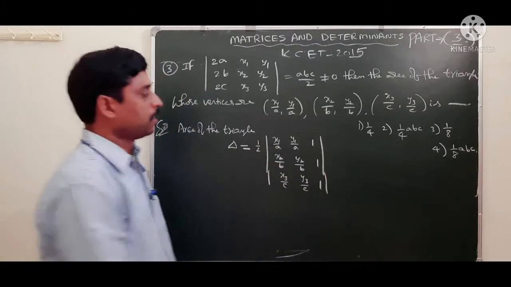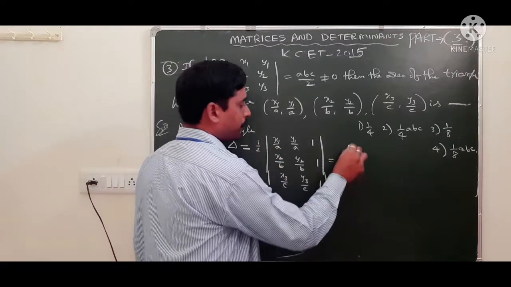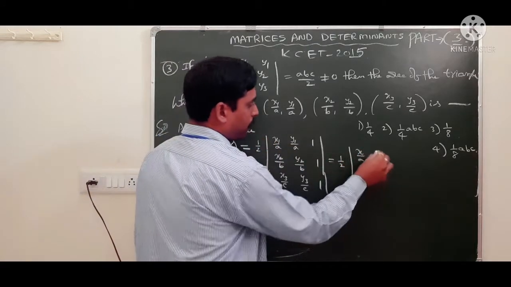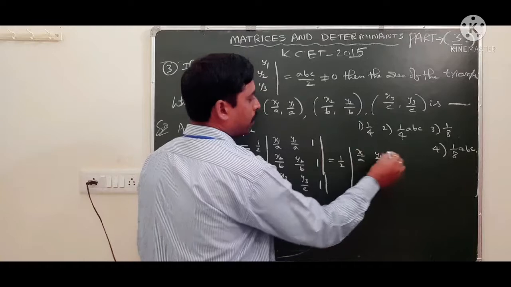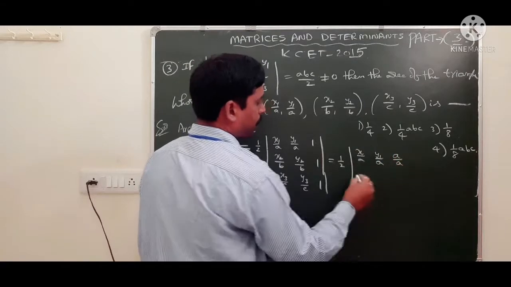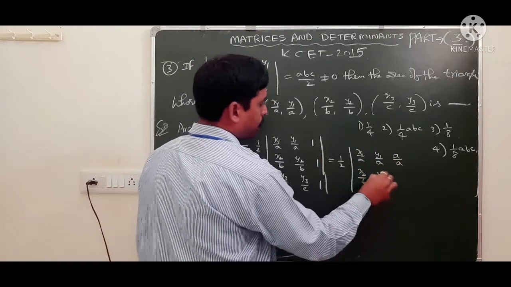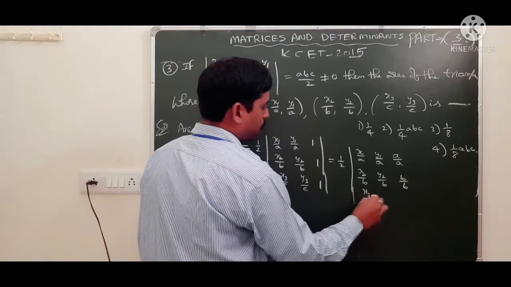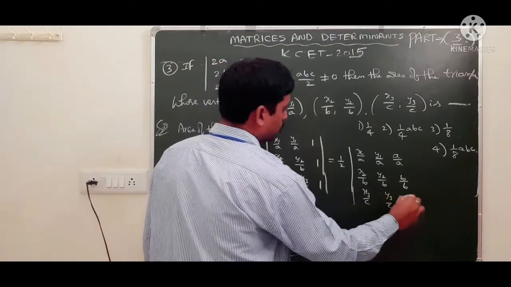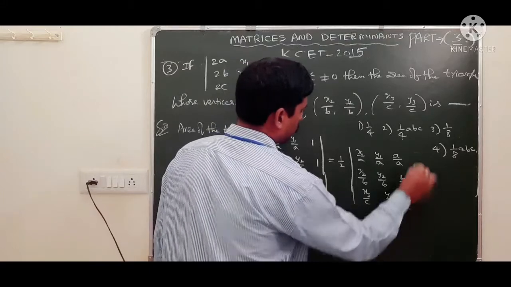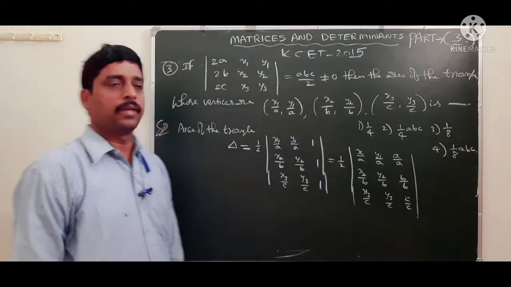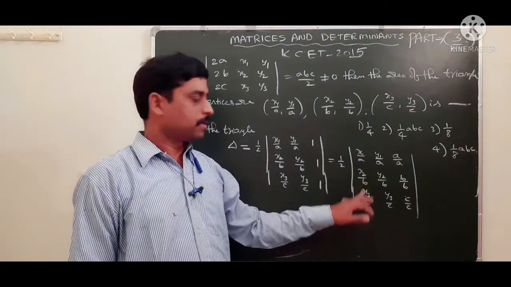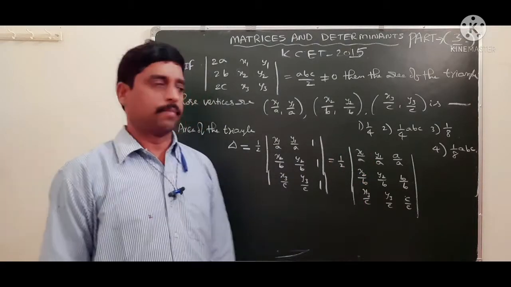Is it clear? This will be 1 by 2 into x1 by a, y1 by a. This 1 can be written as a by a. x2 by b, y2 by b, b by b. And x3 by c, y3 by c, c by c, right? In first row 1 by a, in second row 1 by b, in third row 1 by c, take out common.